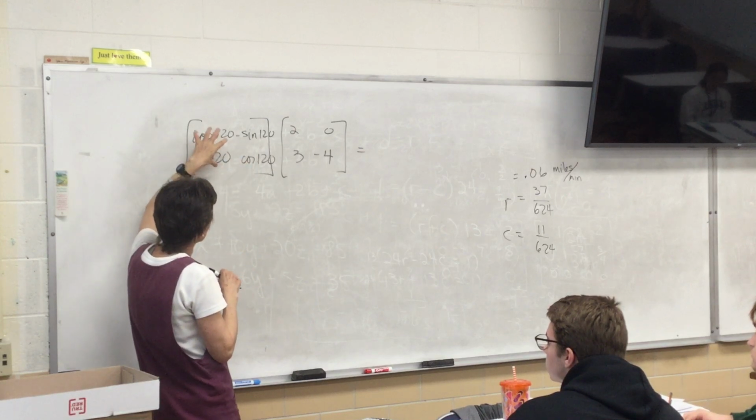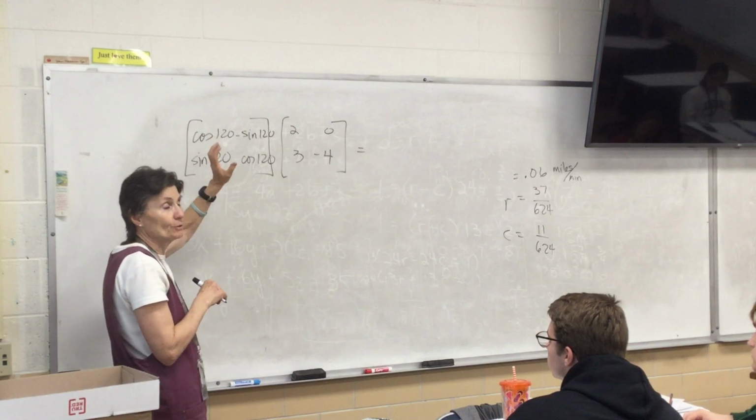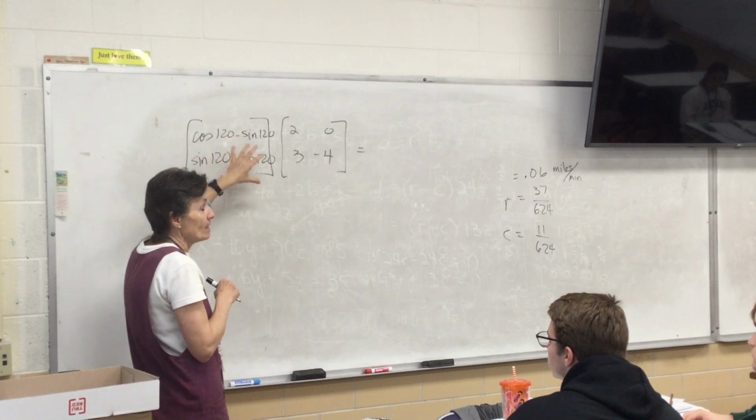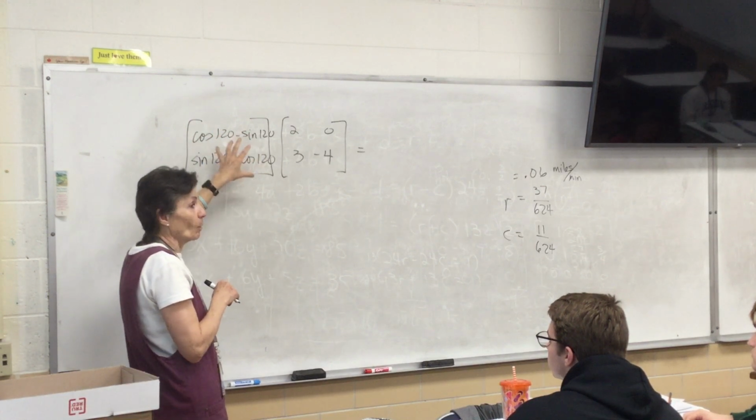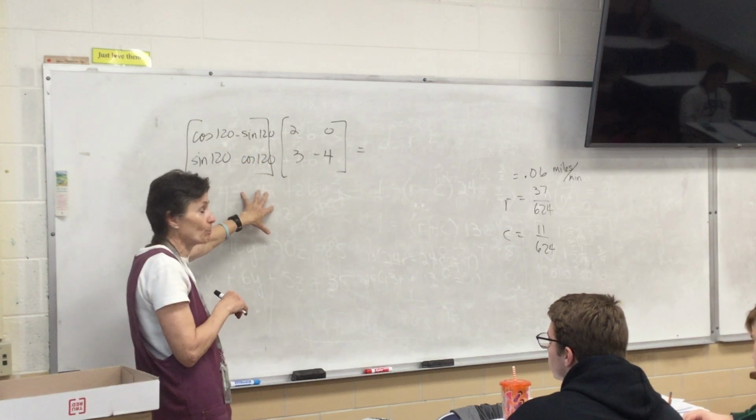So you could actually stick fractions, like root 3 over 2 and 1/2, in here. On the test, it isn't 120, it's some other random angle. So this is gonna be a calculator problem.